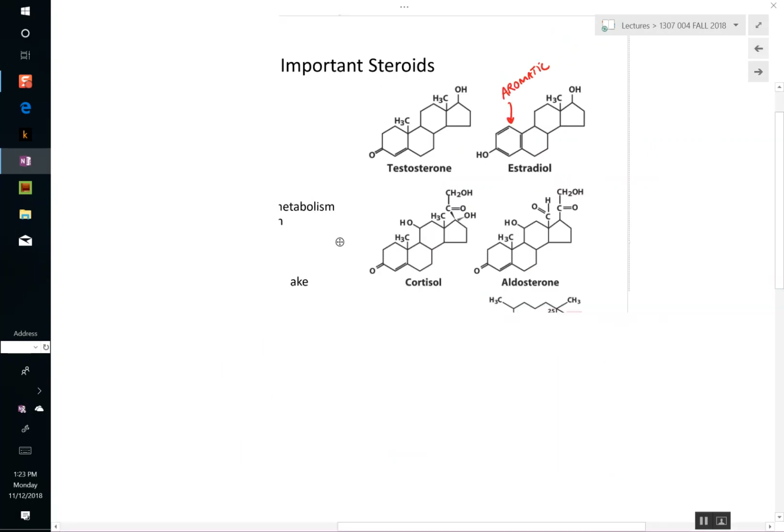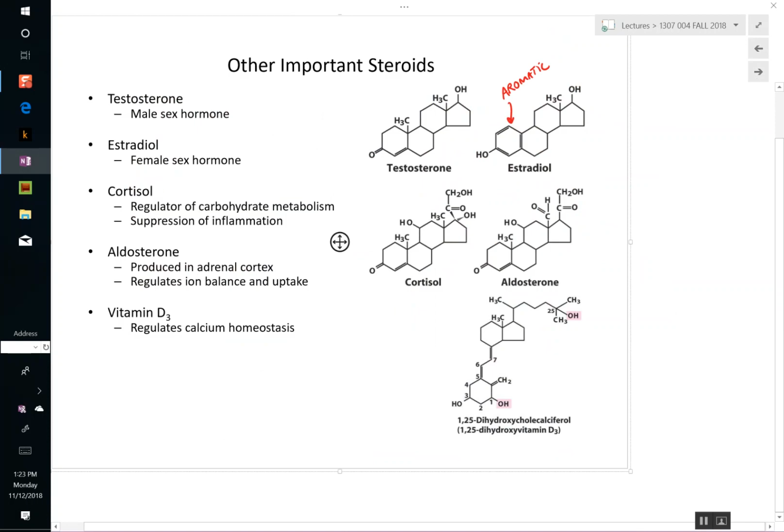And then, how do I get back here? Notice here, vitamin D3 is a steroid. You can't really see the steroid nucleus real well, but I think you can imagine, follow me here, if we were to break that bond right there, if we were to take that bond away, you're coming down here, 1, 2 carbons, and you're to the next ring. 1, 2 carbons, and you're to the next ring.